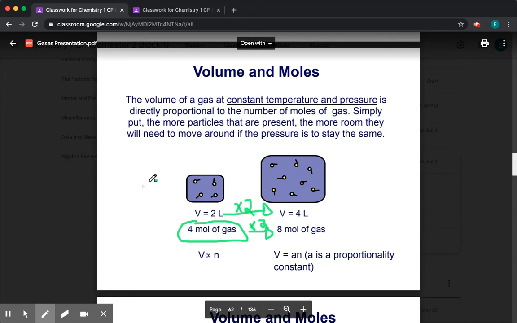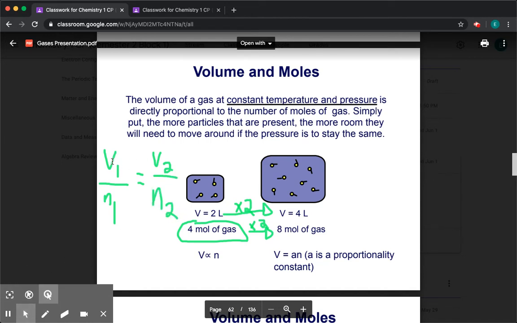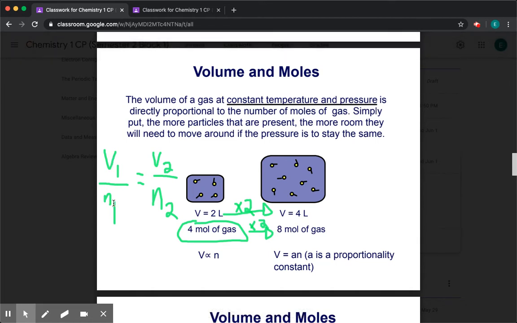If you want to account for the change, you would do the same thing we did earlier. So V1 over N1, where N is moles, is equal to V2 over N2. The ratio has to be the same. The relationship between V1 and N1, or the ratio, has to be the same as the new one.